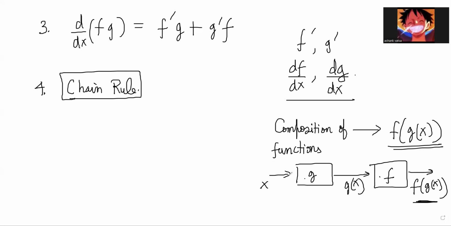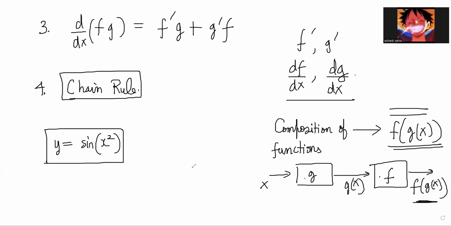Yeah. Okay, so an example of this would be, for example, y is equal to sine of x square, right? Yes, sir. So what is happening here is you are taking an x that is being given as input to the g function, which is x square, right?